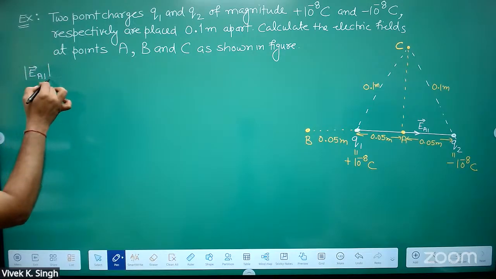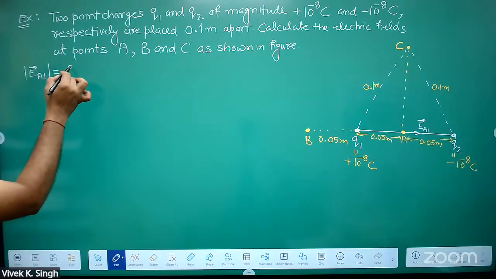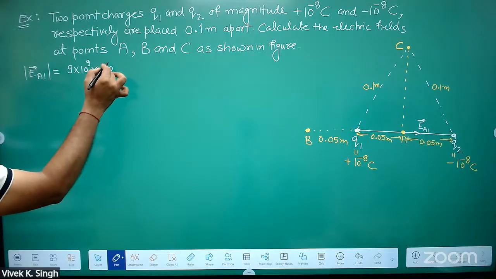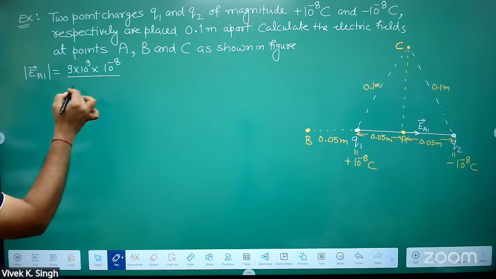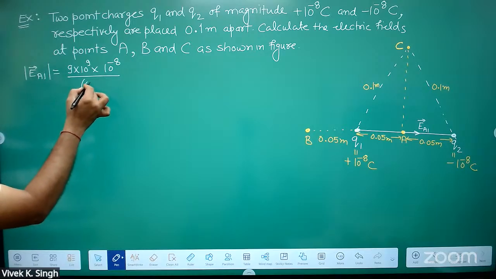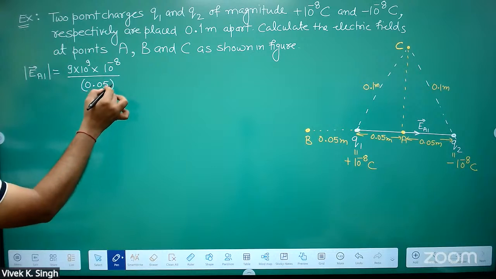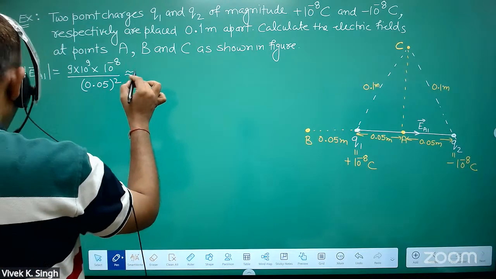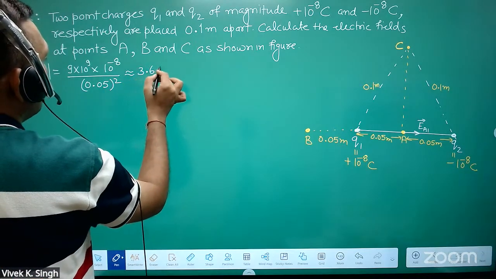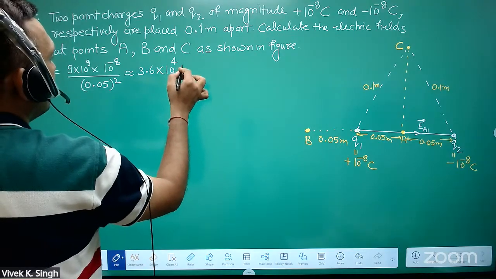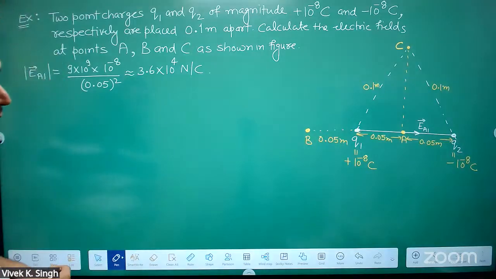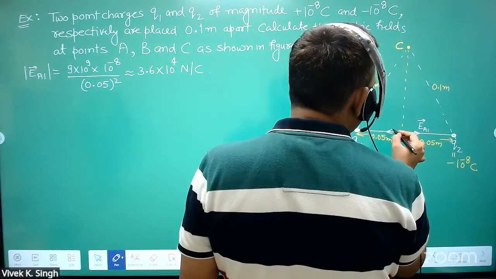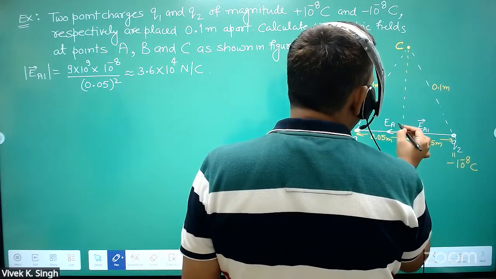The magnitude is given by 1 by 4 pi epsilon naught, which is 9 into 10 to power 9, into Q1, which is 10 to power minus 8 coulomb, by 0.05 meter square. If you check the value, this is 3.6 into 10 to power 4 Newton per coulomb. And what is EA2?